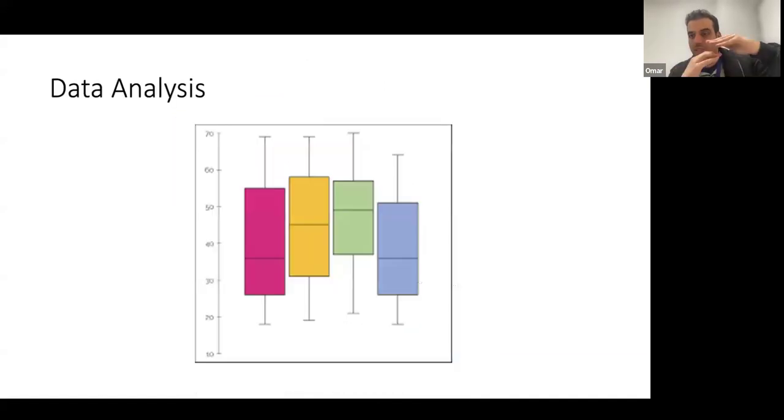Whereas if you have a box plot where the interquartile range is really high, it tells you that there's such a wide distribution, a wide variation in that data, in that group, that it's very hard to interpret. So a box and whisker plot gives you a really good snapshot of the data, right?